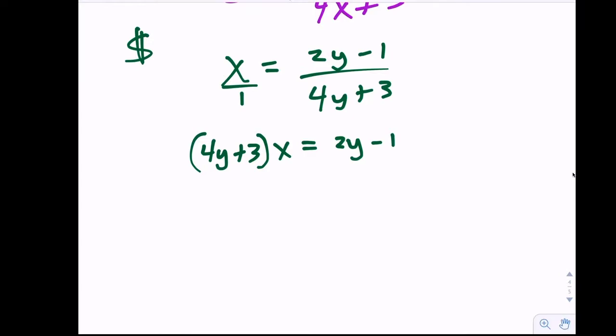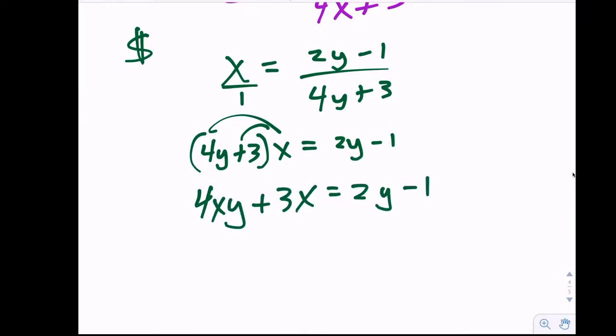Now from here, in order to get your y's together, the math is always the same. You got to distribute. So you get 4xy plus 3x equals 2y minus 1. Now because you're trying to solve for y, you better get your y terms together. Terms, remember, are separated by plus signs and minus signs. And if you have terms, you could bring them across to the other side as long as you change their sign.